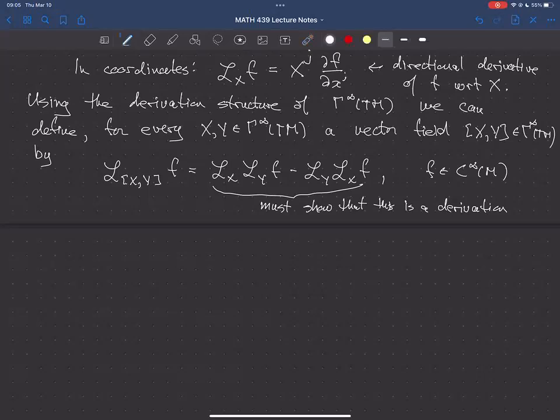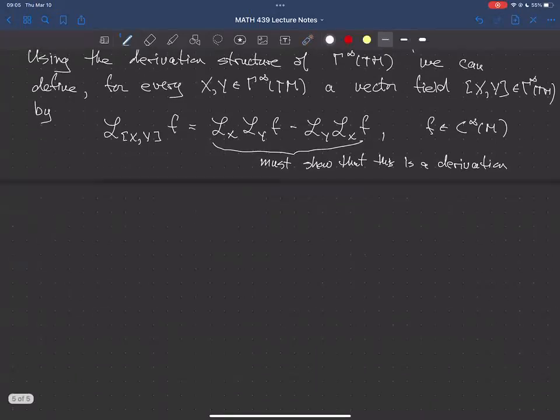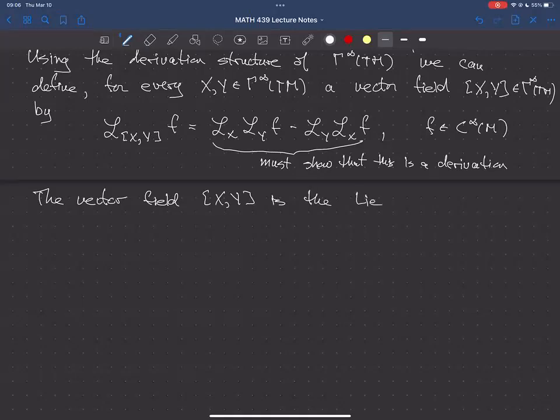So this new vector field, [x, y], is called the Lie bracket of x and y.